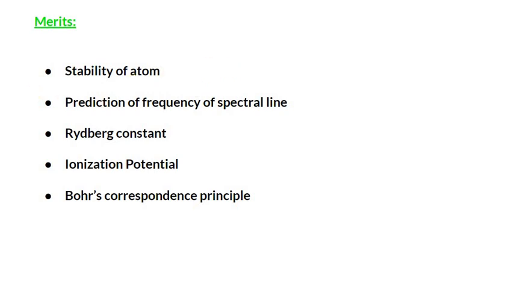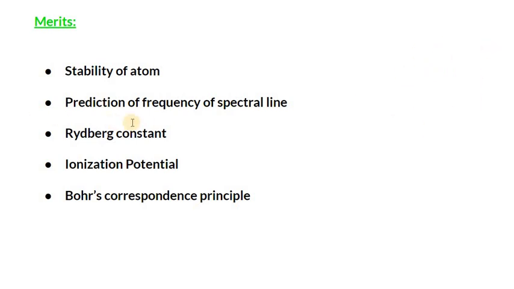How? Because Bohr said that when an electron is revolving around the nucleus, it is not releasing any kind of energy, and it has some stable, stationary orbits. That's how Bohr was able to explain the stability of an atom.